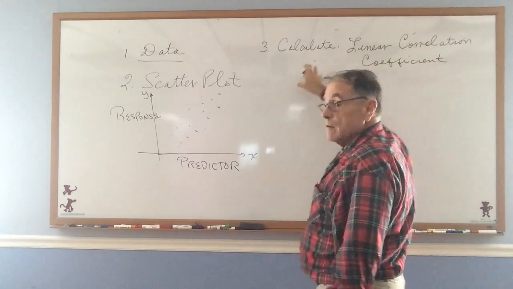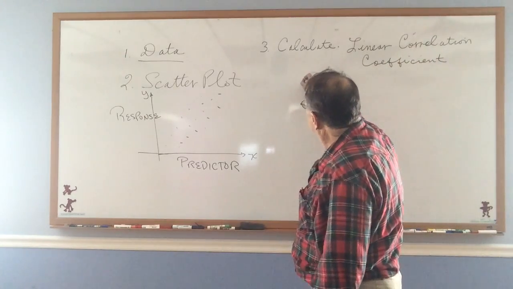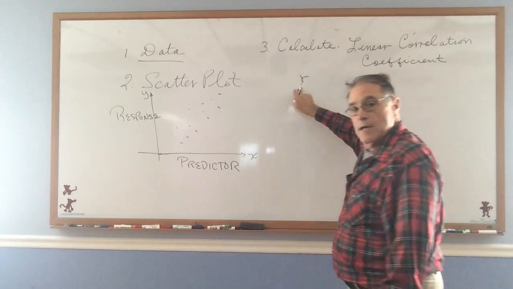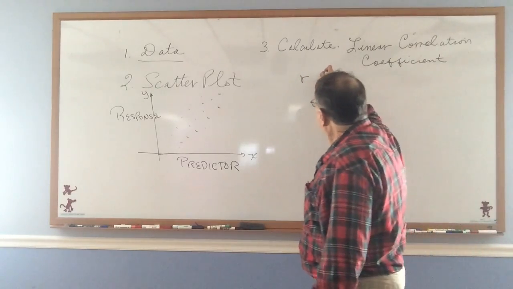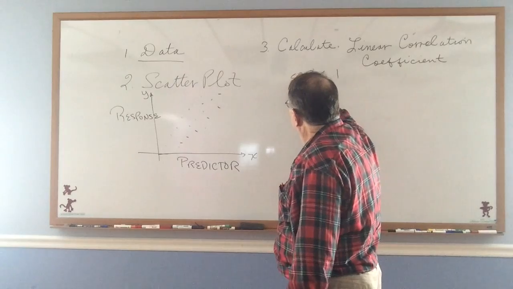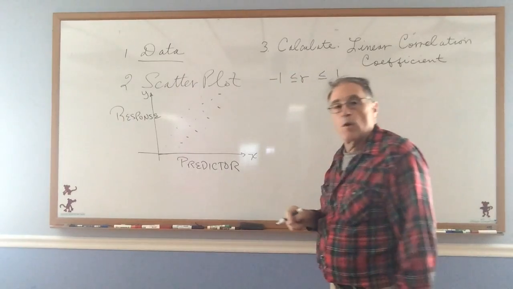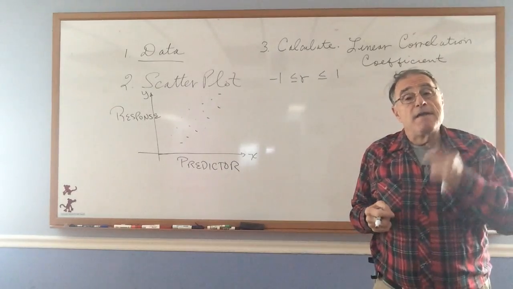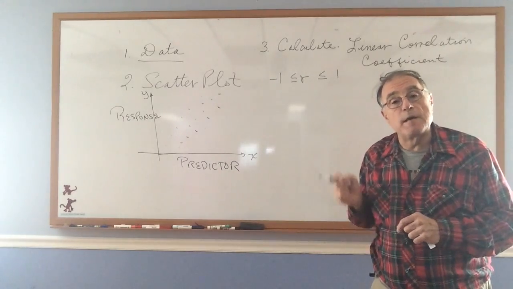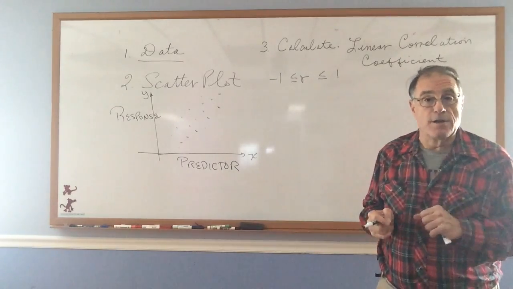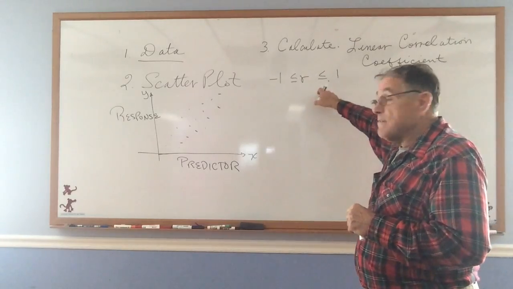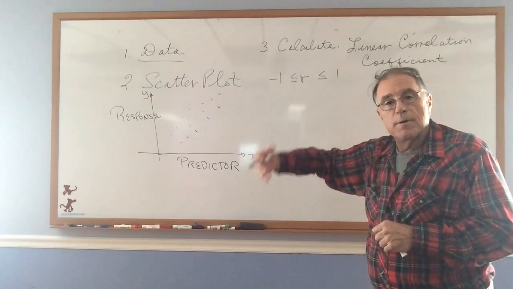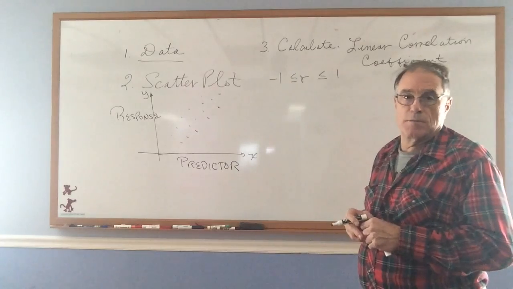The symbol for the linear correlation coefficient is R, lowercase r, and R will always be a value between -1 and +1. A value of -1 would be perfect negative linear correlation. A value of 1, perfect positive correlation.